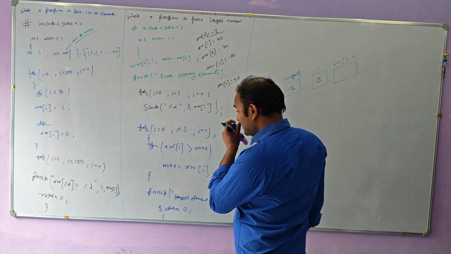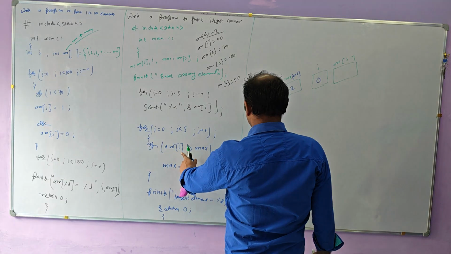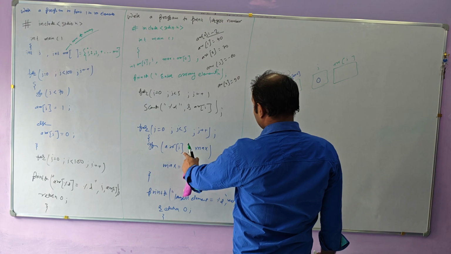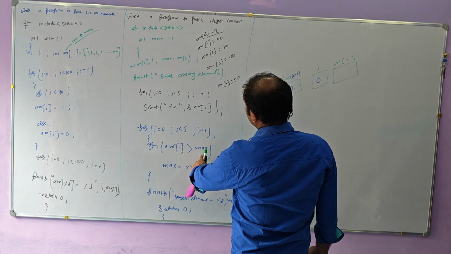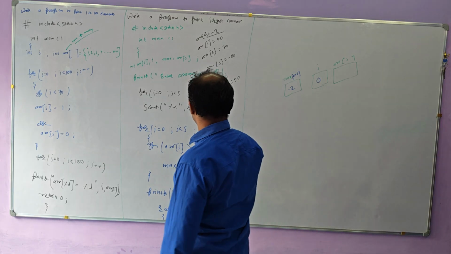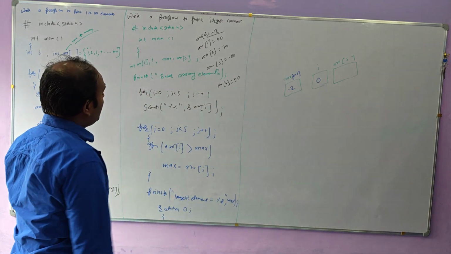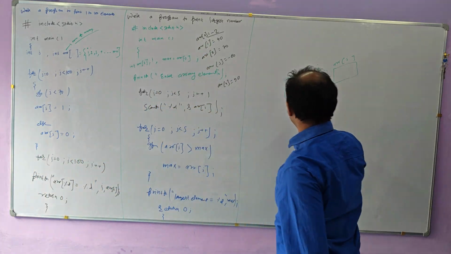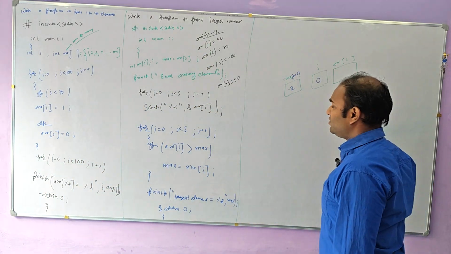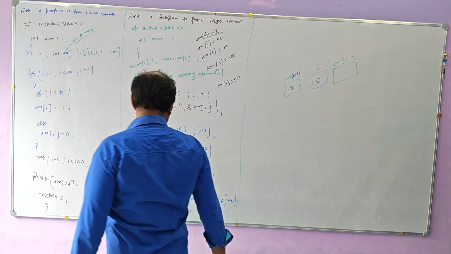Now enter the condition. If AR of I, AR of 0, is greater than max. AR of 0 is what? -2. Is -2 greater than max? No, -2 is not greater than max.